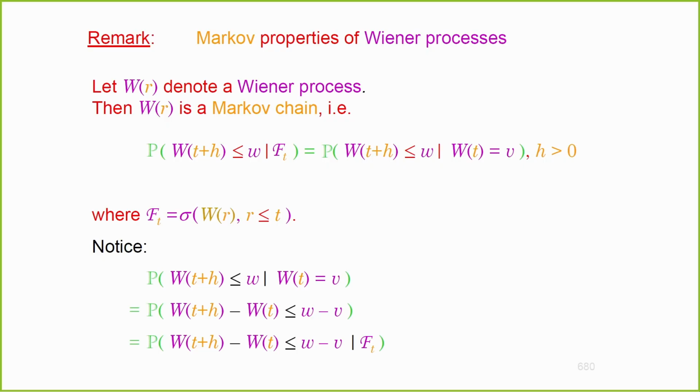So this probability will equal that, and then you could simply move back the whole thing, because since the observation at time point t of the process is equal to v, you could simply add it to both sides of the inequality.